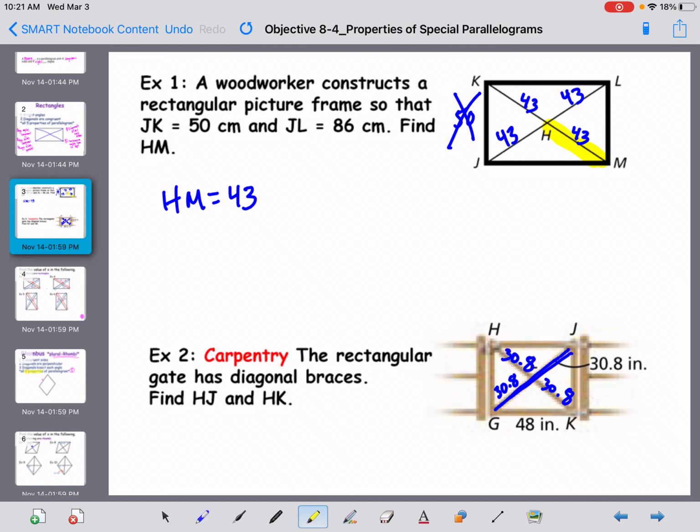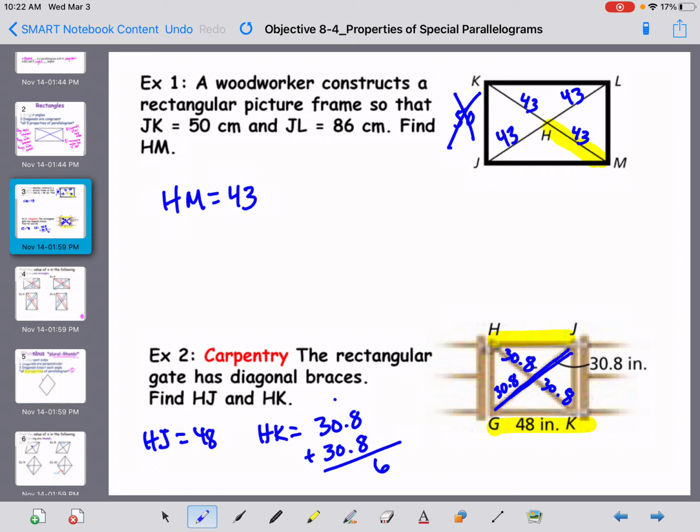HJ is opposite GK. So HJ will be 48, and HK will be 30.8 plus 30.8. So HK is 61.6. Well, that was easy enough.